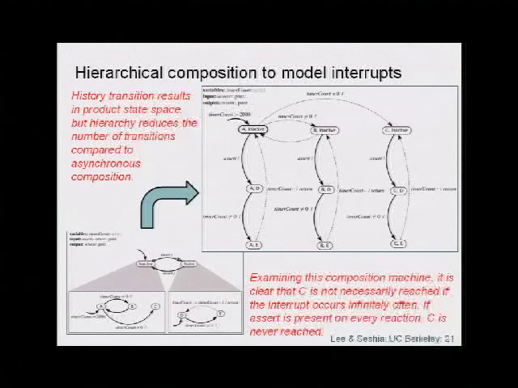So the property that C is eventually reached, that's a form of property called a liveness property. Reaching C is actually a desirable property of the machine, and you want that to be true eventually. And the way that is not true is you get stuck in some kind of a bad cycle where you're just sitting in state A and getting interrupted all the time.